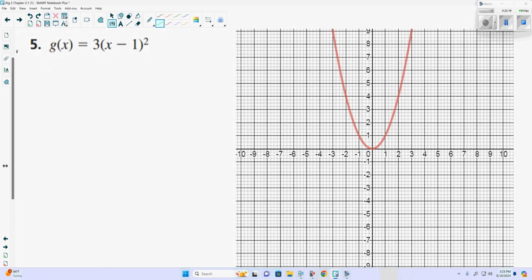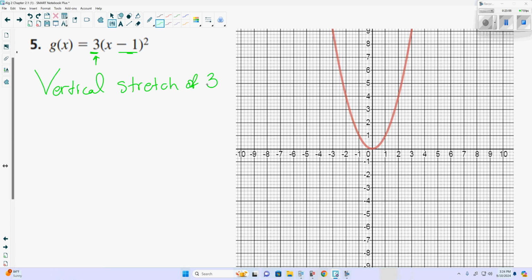This one here, 3 times x minus 1 squared. It has 2 transformations. We have the 3 outside the parentheses and the minus 1. The 3 outside the parentheses, since it's multiplying, is going to be a vertical stretch or shrink. Since it's outside the parentheses, it's exactly what it looks like. So this would be a vertical stretch of 3, because that 3 value is greater than 1, so it has to be a stretch.